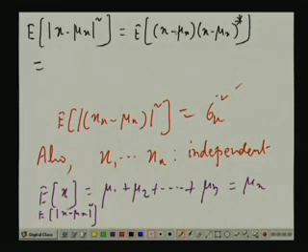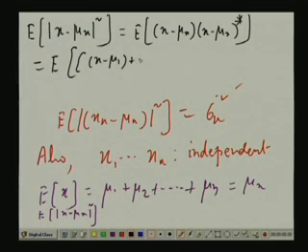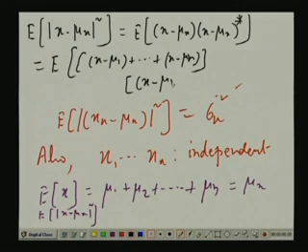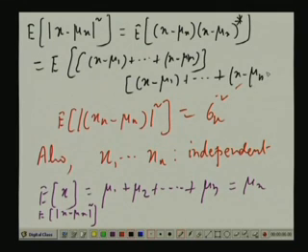I replace x by x_1 plus x_2 plus dot dot x_n, and mu_x by mu_1 plus mu_2 plus dot dot mu_n, and then you can write it simply as: first (x_1 minus mu_1) plus dot dot dot (x_n minus mu_n), and on the other side again (x_1 minus mu_1) plus dot dot dot (x_n minus mu_n), with a star.